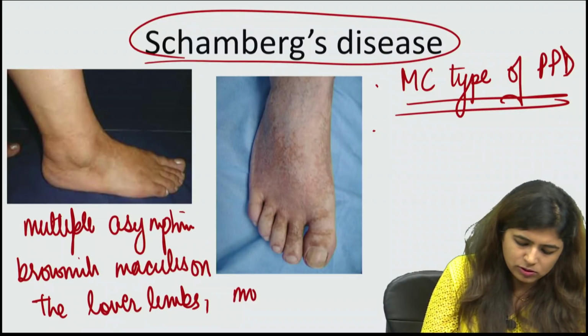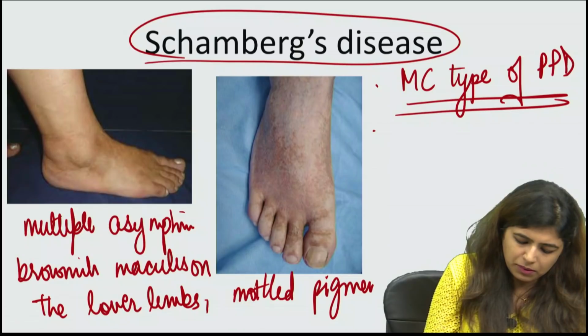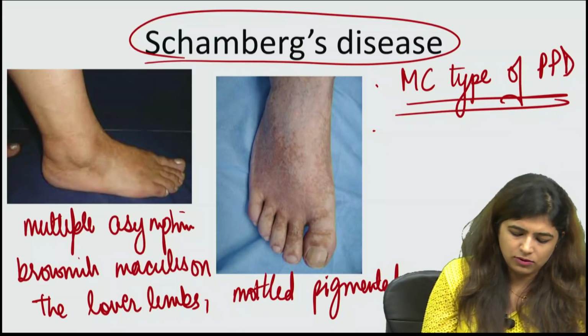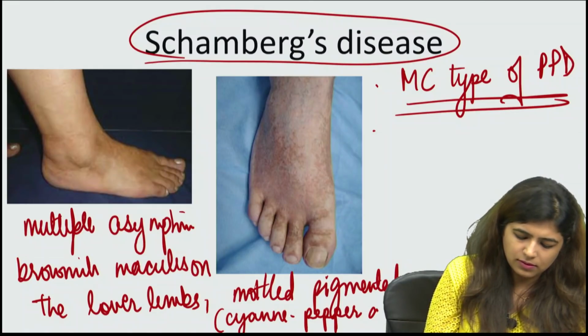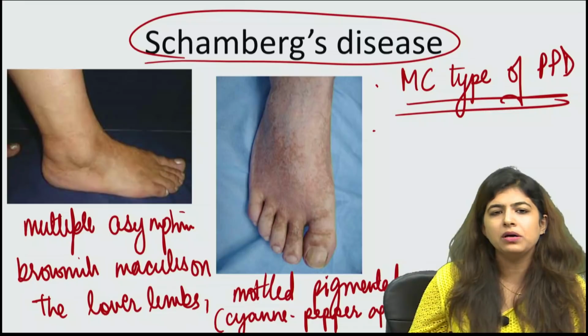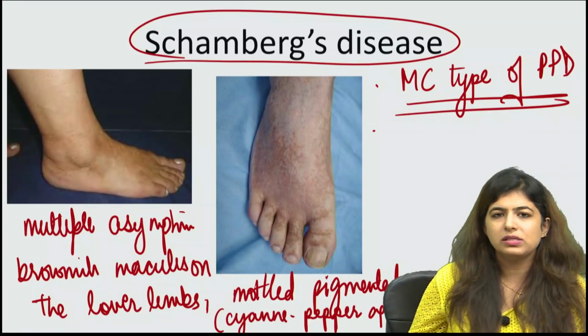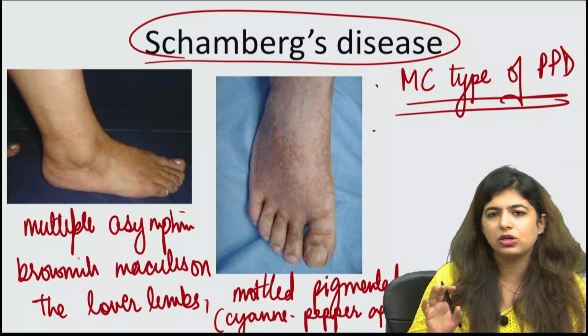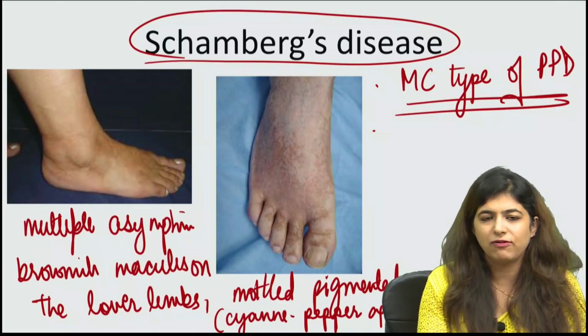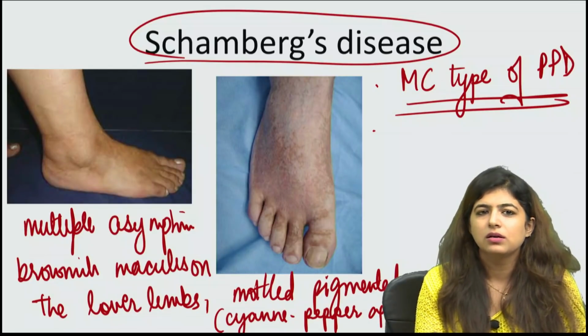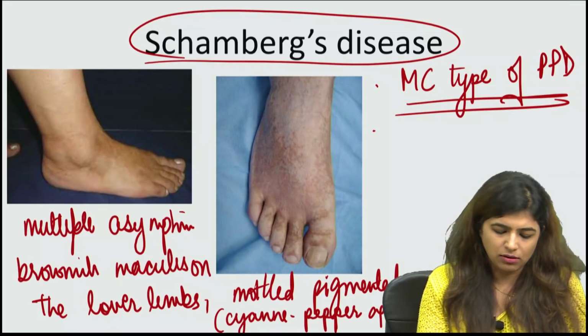They may also have some mottled pigmentation, which is called the cayenne pepper appearance. So this is Schamberg's disease, completely asymptomatic. The only problem the patient has is that there are visible lesions on the feet which are not cosmetically very pleasing.